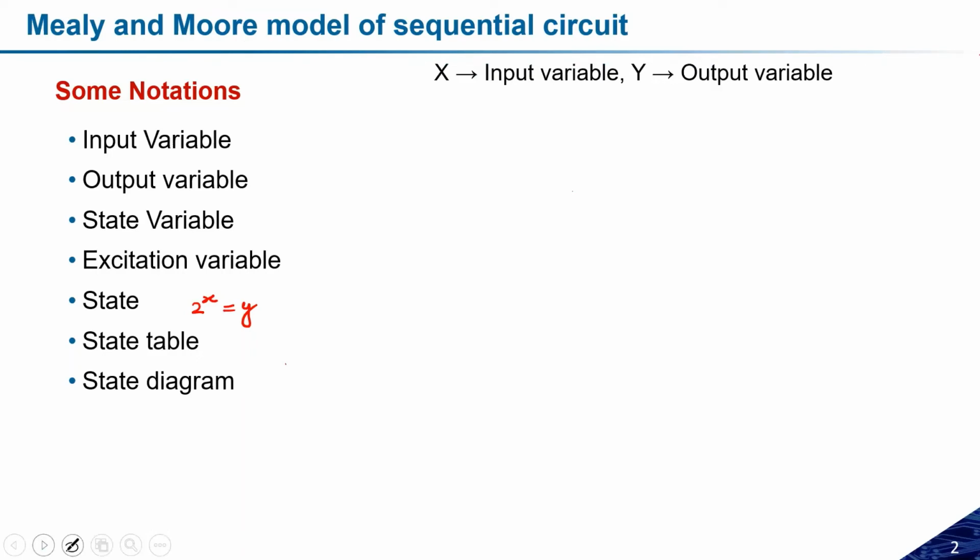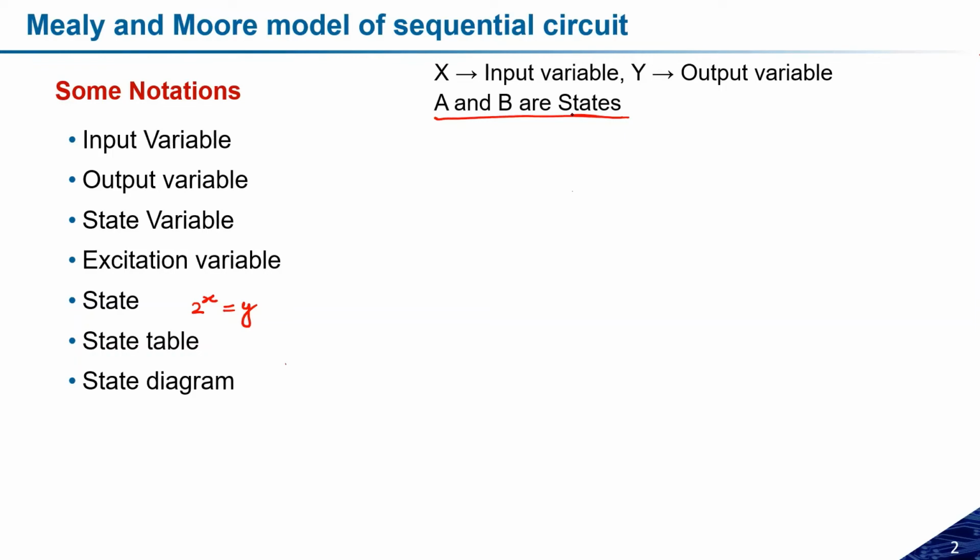Suppose I have, let us assume, x as the input variable and y as the output variable. These two are the input and output variables. Now, a and b are two different states. I just told you what a state is: the state is the content of the memory. What flip-flop have I used, and what content is stored in it, that we call the state.